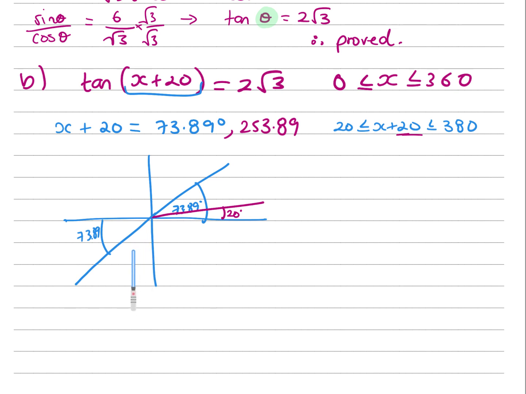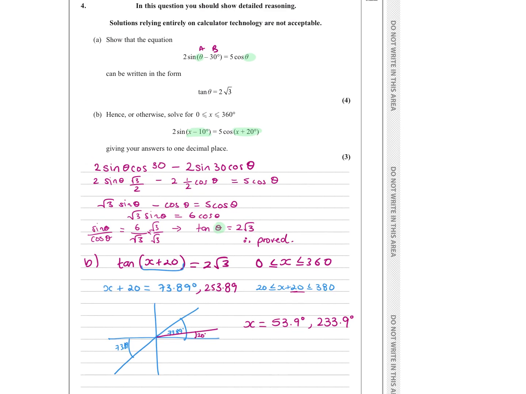It's literally a drawing. Okay? So now we have x plus 20 exists. How do I find x? I minus 20 from everything, so I get 53.9 degrees, it wants 1 decimal place, and 233.9 degrees. That's the final answer for that.